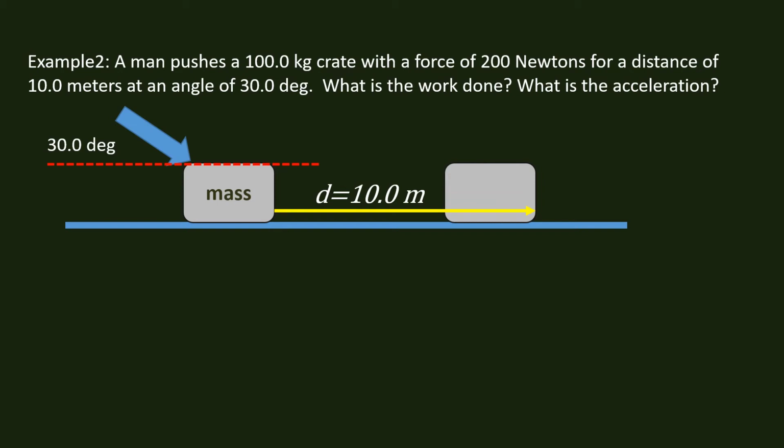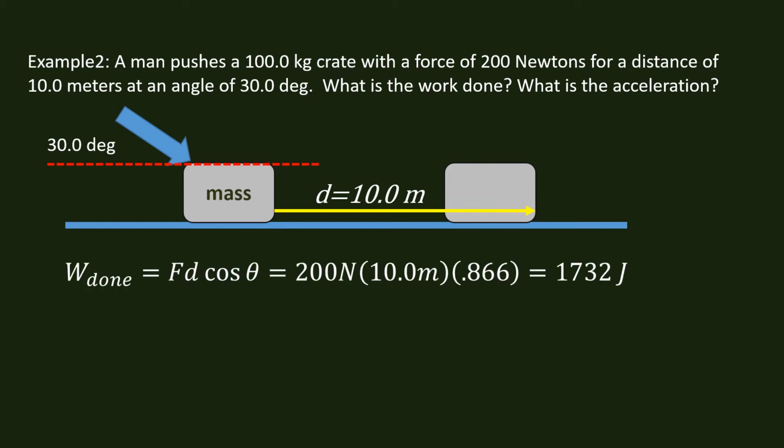Okay, in this particular problem, we have some external force that is acting on a mass at an angle. So this is going to make the problem a little bit different. We have a 30-degree angle from the red line right here. This is the angle we're talking about.